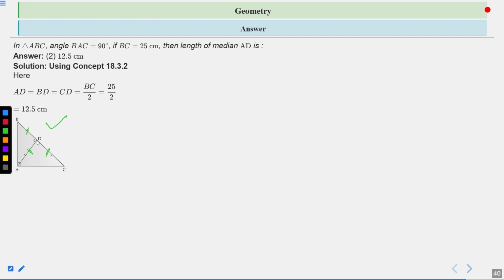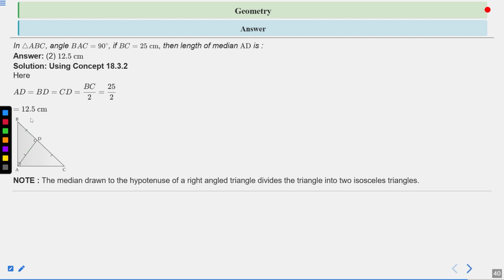So the length of BD, AD and DC will be equal, which equals 25 by 2, because BC by 2. So we can say that 25 by 2 equals 12.5 centimeter. Note: the median drawn to the hypotenuse of a right angle triangle divides the triangle into two isosceles triangles. So second is the correct answer of this question.